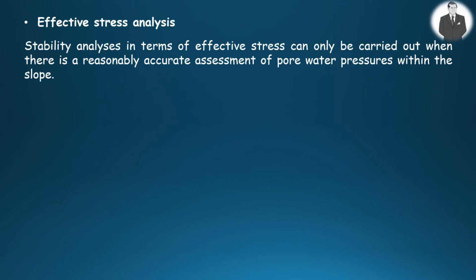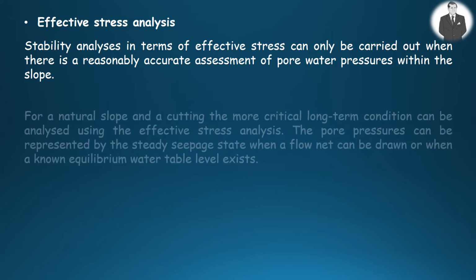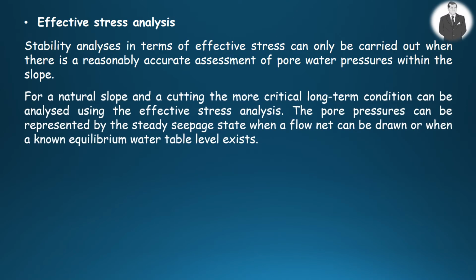Stability analysis in terms of effective stress can only be conducted when there is a reasonably accurate assessment of pore water pressures within the slope. For a natural slope and a cutting, the more critical condition, which is the long-term condition, can be analyzed employing the effective stress analysis.